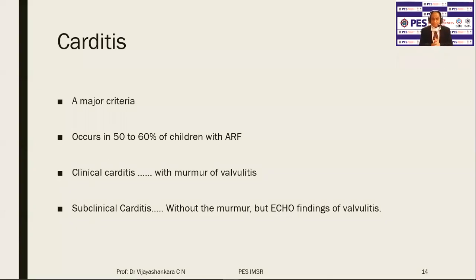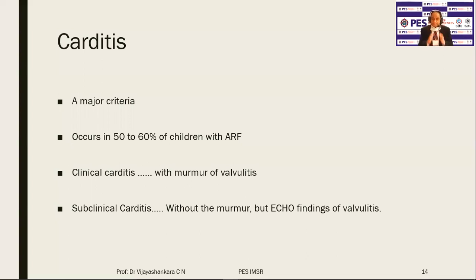But nowadays, they also say that there is something called subclinical carditis. That is without murmur. When you ascertain that there is no murmur, you are not going to say that there is no carditis. There is something called subclinical carditis, where there are echo findings of valvular involvement.